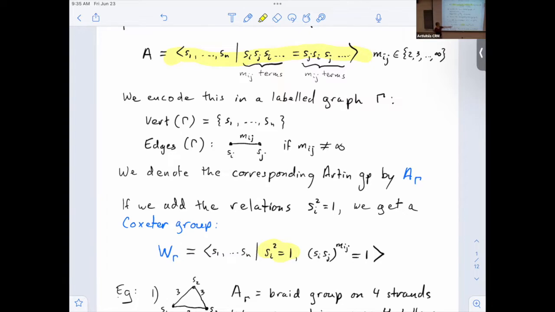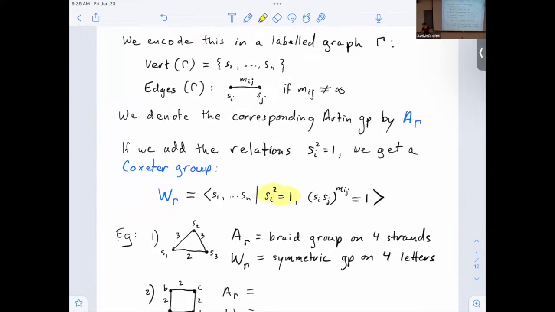That second relation, the Mij equals 1 one, is actually equivalent to that alternating product once Si equals Si inverse. Once Si equals Si inverse, you can multiply by the inverse of the thing on the right, and the relation turns into the one we're used to for Coxeter groups. So for every gamma, we have a Coxeter group, and for every gamma, we have an Artin group, and they're related. Let's look at two quick examples.